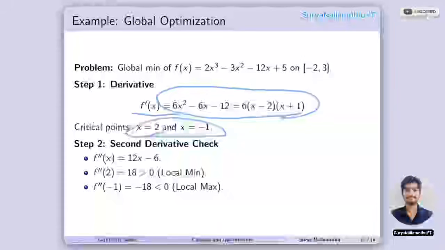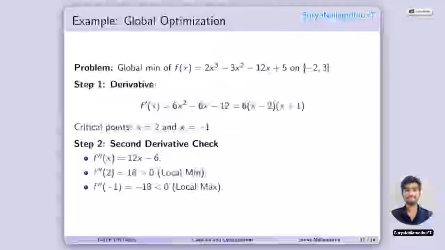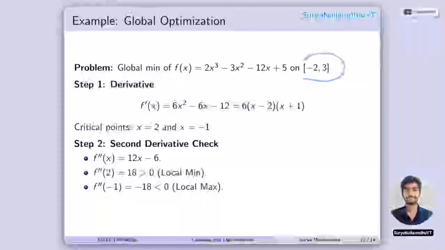For these critical points, we need to apply this form. First let us consider the range of interval given in the question, which is -2 and 3. We then apply the second derivative.